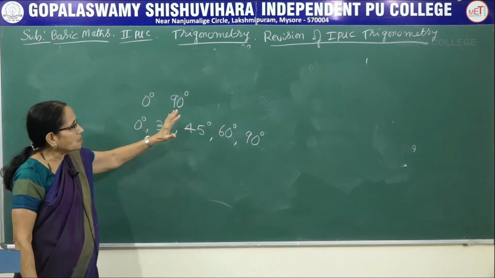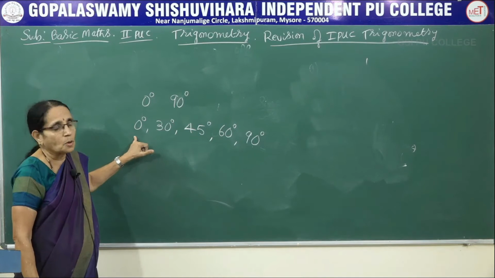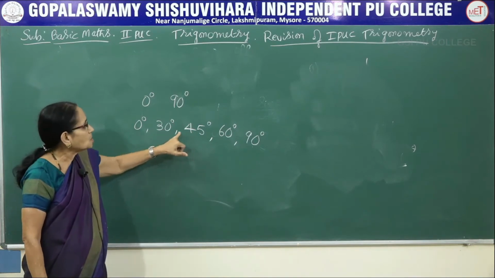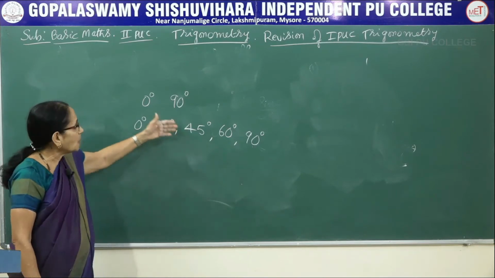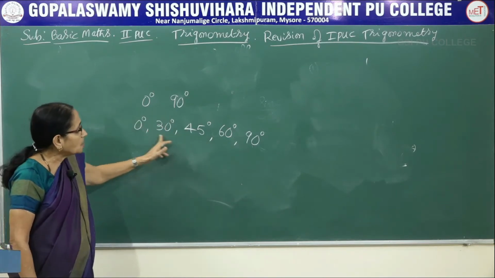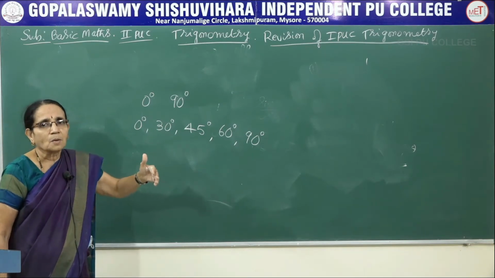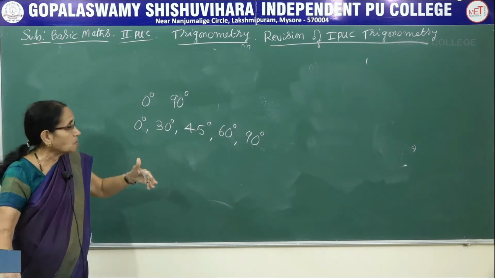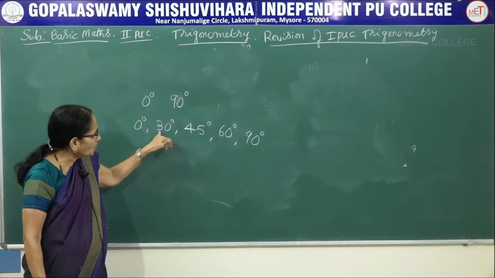Now here sin theta, cos theta, in general I had defined. Now what is the value of sin 0? What's the value of sin 30? What's the value of sin 45 or cos 60 or tan 90, like that? We have to find out the values. So these are very important, because however big an angle theta may be, by using different formulas and rules, we can convert them to have any one of these angles.